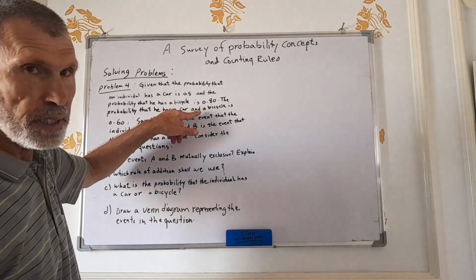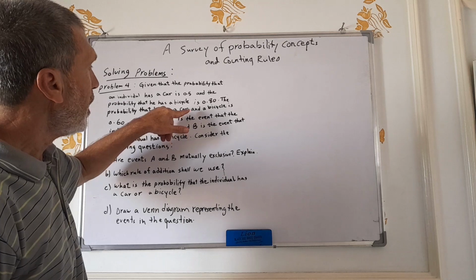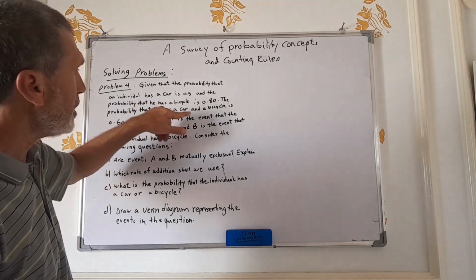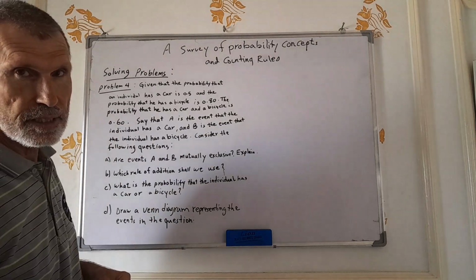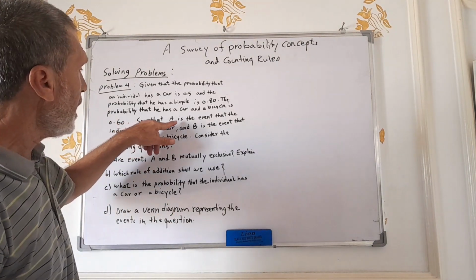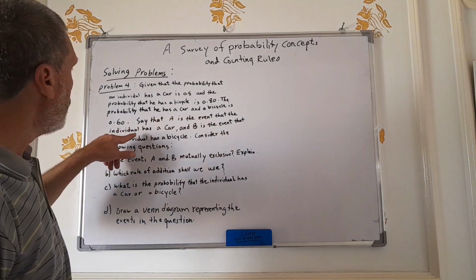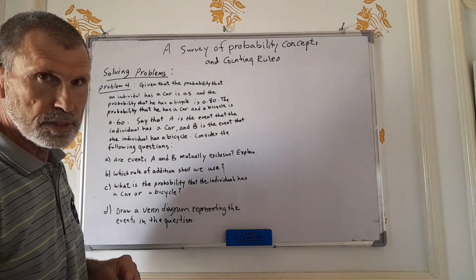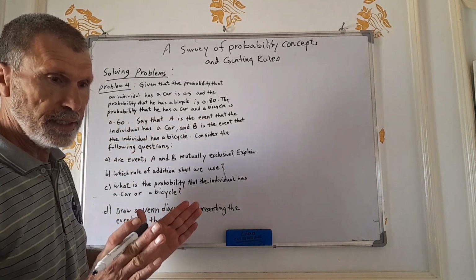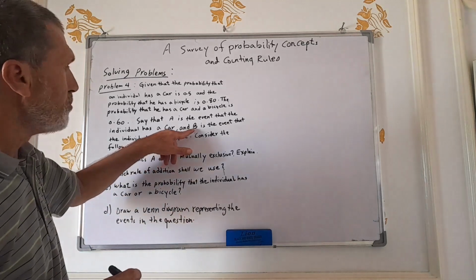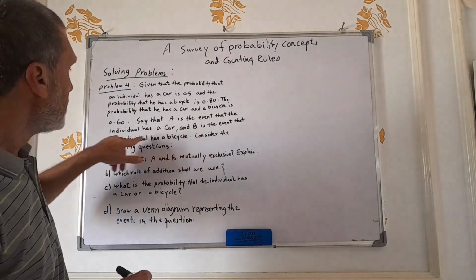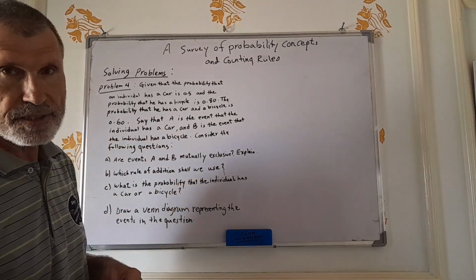The joint probability of having a car and a bicycle is 0.60, which is 60%. Now, say that A is the event that the individual has a car, and B is the event that the individual has a bicycle.